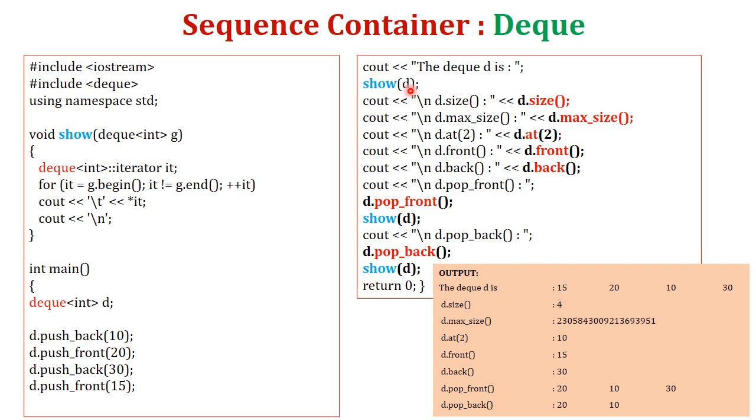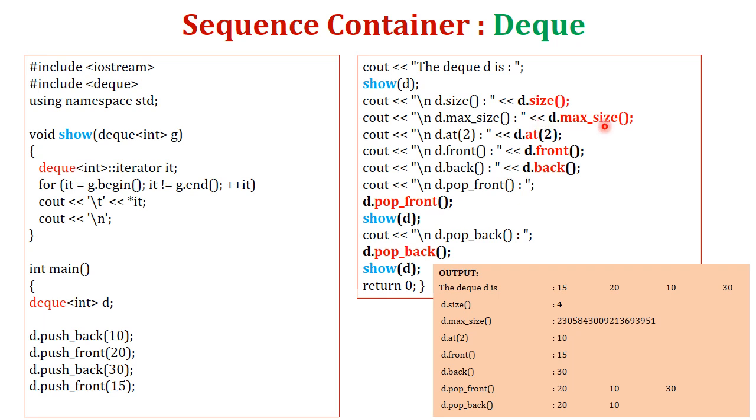After that, if you want to see the content of the deque, we call the show function. Automatically it will show 15, 20, 10 and 30. If you call size, it will tell the number of elements in the deque. How many elements? 1, 2, 3, 4.